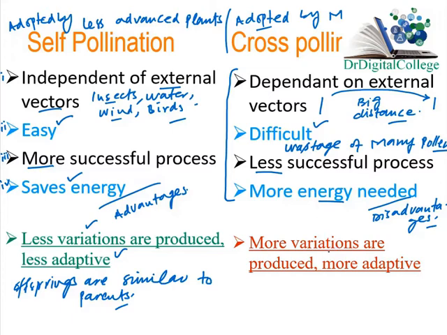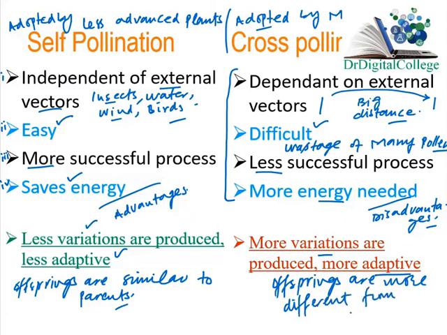While in cross-pollination, the offsprings are more different from the parents, so they will be more adapted. Okay, that's why they will be more adapted.